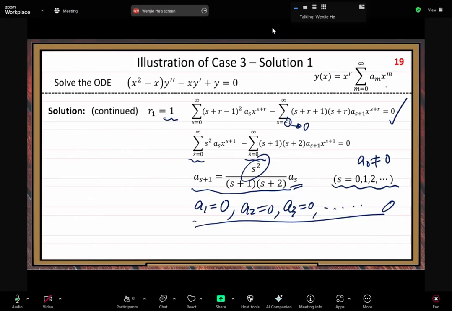Now you go back to here. So y1 equals x to the r, equal to 0? So it's gone, you only have A0. Is it that y1 equals 1?